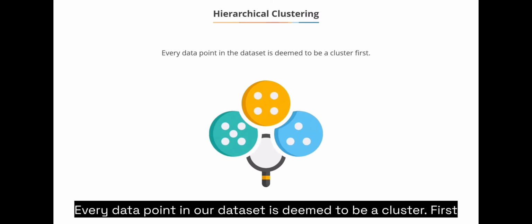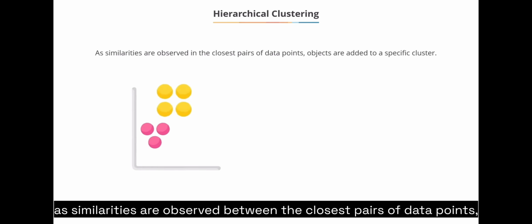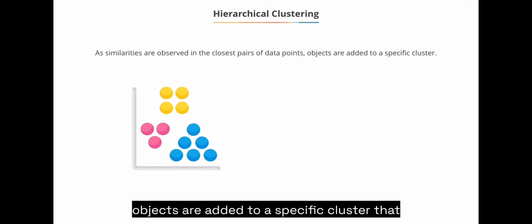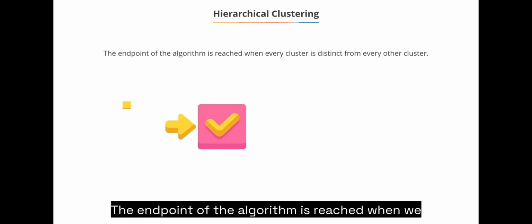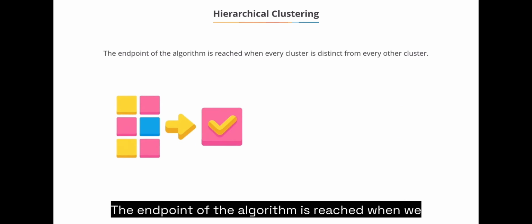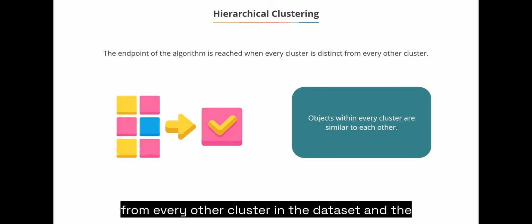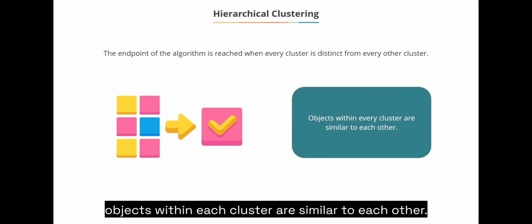Every data point in our dataset is deemed to be a cluster first, as similarities are observed between the closest pairs of data points. Objects deemed similar are grouped into clusters. The endpoint of the algorithm is reached when we have a set of clusters where each cluster is distinct from every other cluster in the dataset, and the objects within each cluster are similar to each other.